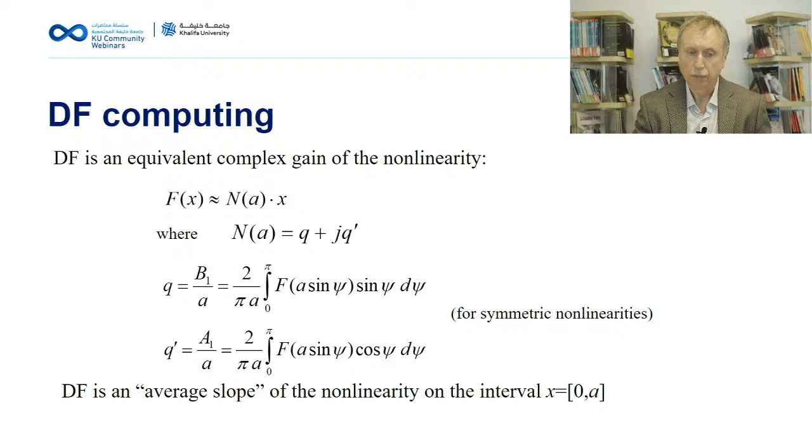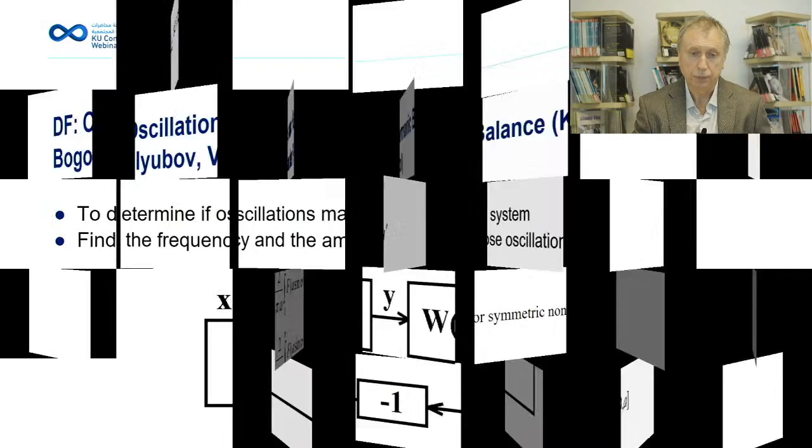We write it as the sum of the real part and the imaginary part, q and q prime, which are obtained from the Fourier coefficients b1 and a1 by dividing them by the amplitude A. We can also view the describing function as an average slope of the nonlinearity on the interval from 0 to A, where A is the amplitude of the harmonic input signal.